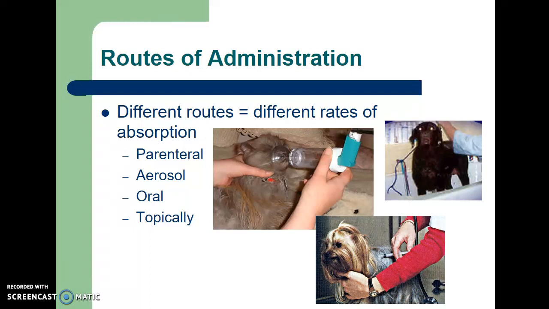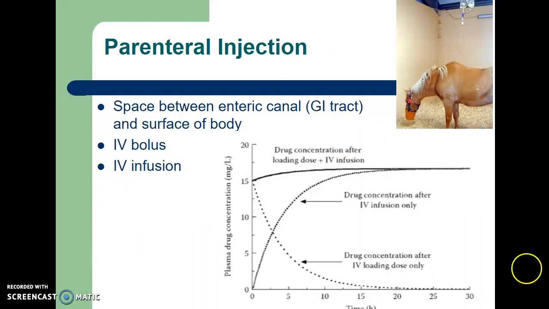The topical administration, we're going to get that right on the animal's skin, and that will hopefully protect it right there. But the injection is going to take a little bit longer. In the injection area, there is something called parenteral injection, and that just implies that we are placing a drug in the space between the surface of the body and the GI tract.